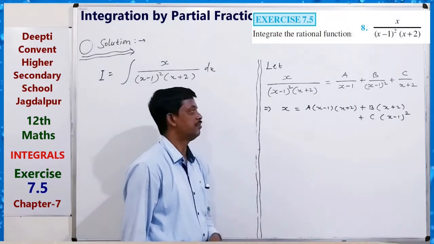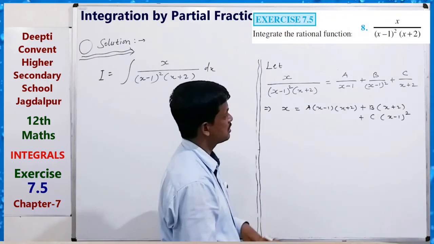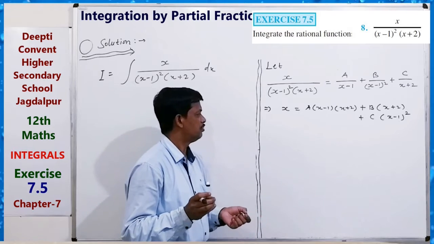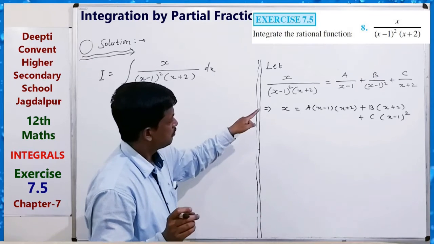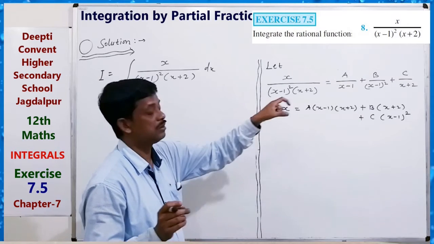But for a, what we do? Whenever the number of constants is greater than 2, we should prefer the comparison of coefficients.